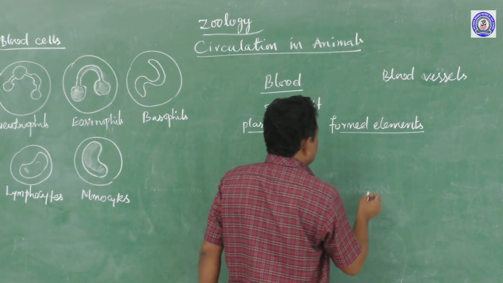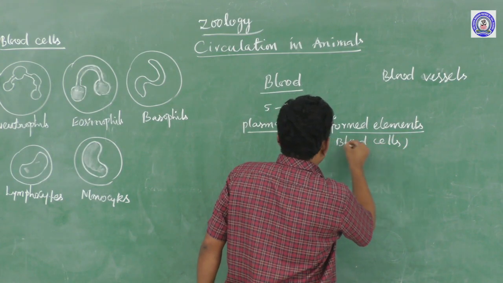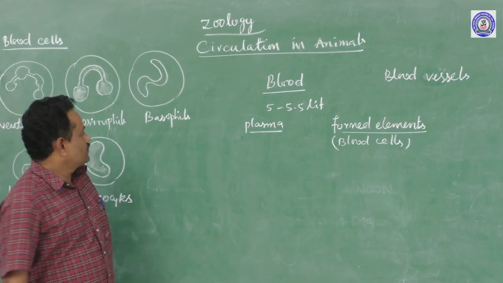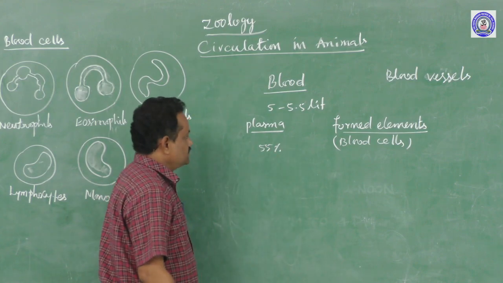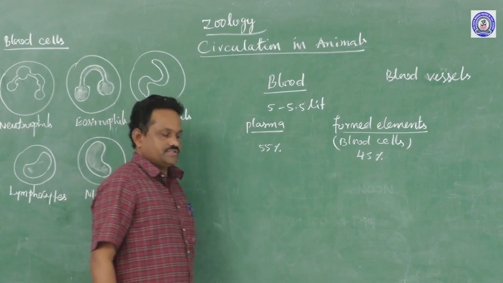The formed elements are nothing but the blood cells. In total composition, the plasma is about 55%, the formed elements about 45%.